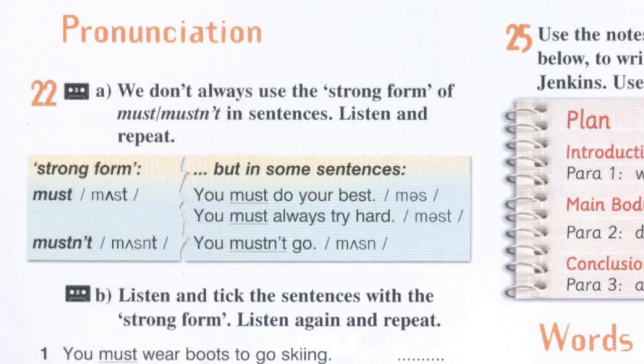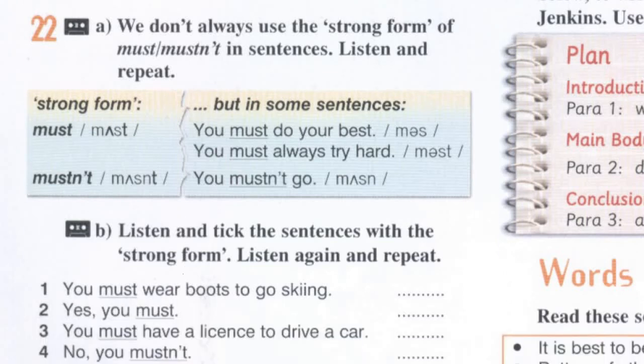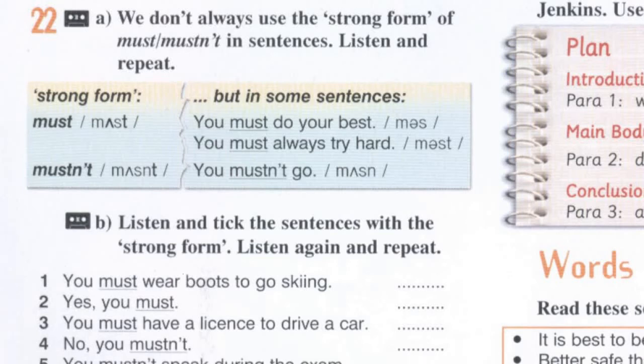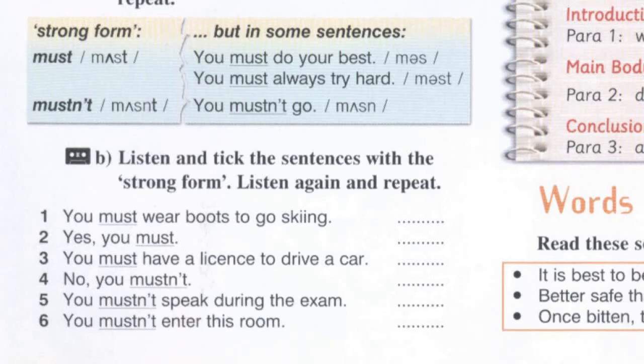Okay, the situation is to understand. Must and mustn't is a strong advisable situation, but sometimes you can see it could be strong, sometimes soft. I want you, in the second part, part B of exercise 22, to listen and tick the sentence with a strong form.